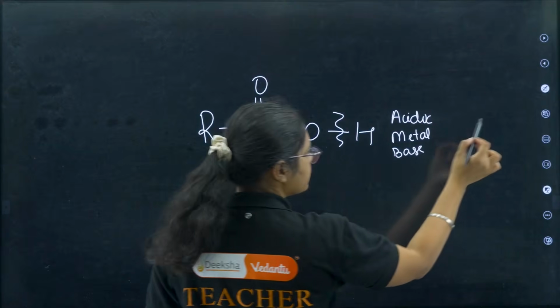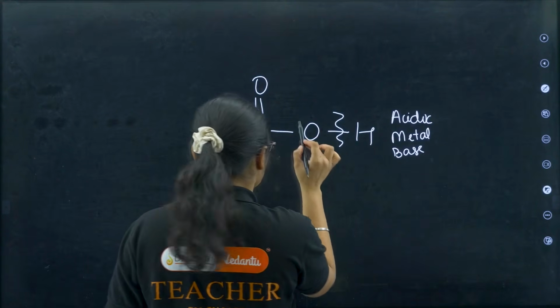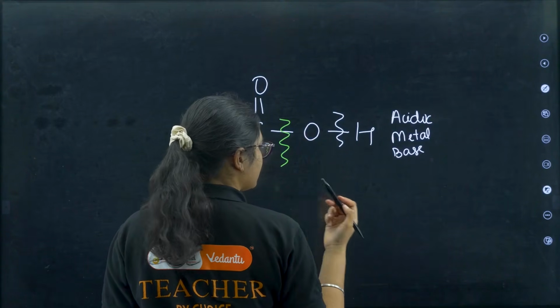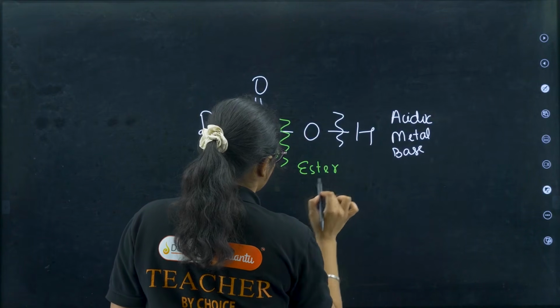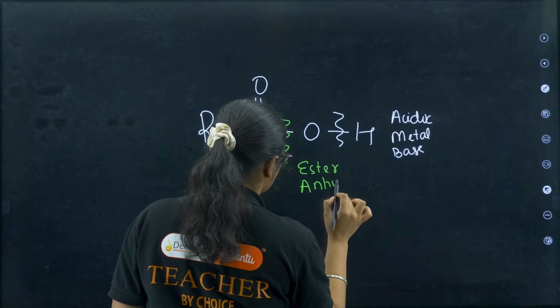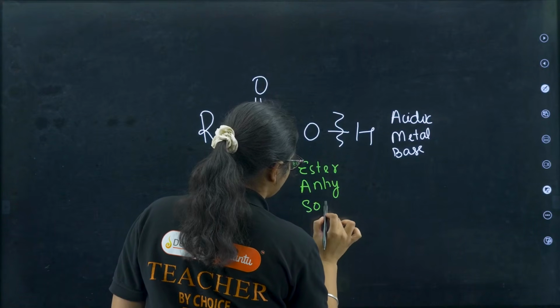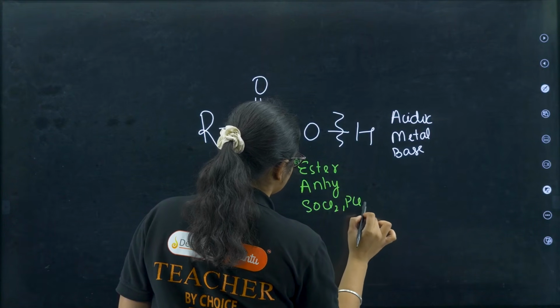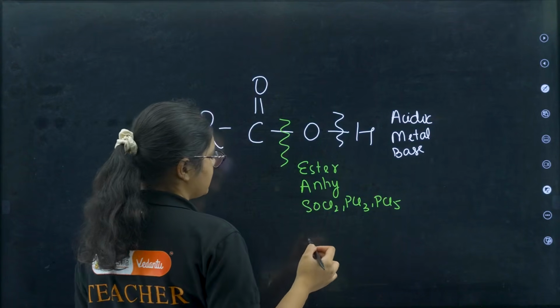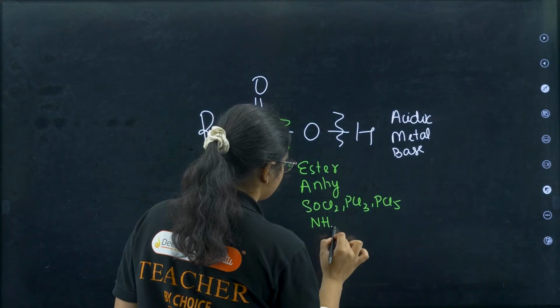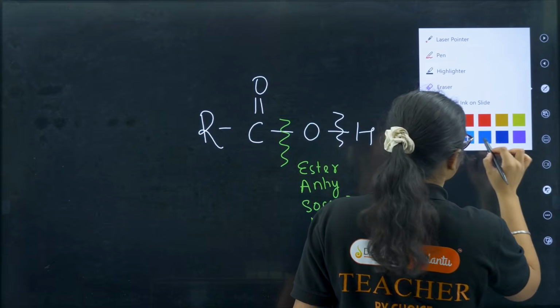Next, when this bond will break, let me choose a different color. If this bond will break, what all reactions do we have? Esterification, anhydride formation, then reaction with SOCl2, PCl3, PCl5, and one more reaction, that is reaction with ammonia. Now coming to the next one.